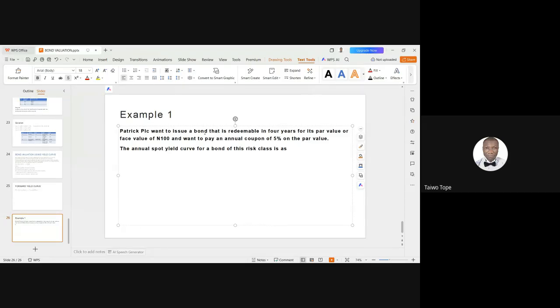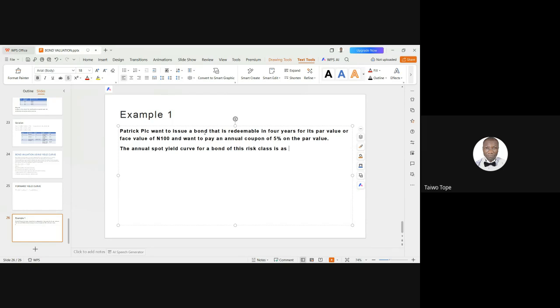Now, let me quickly say something. Bonds of the same risk class will have the same yield or rate of return. Please write it in your book and underline it or put it in a bracket. Use a red biro to circle it.